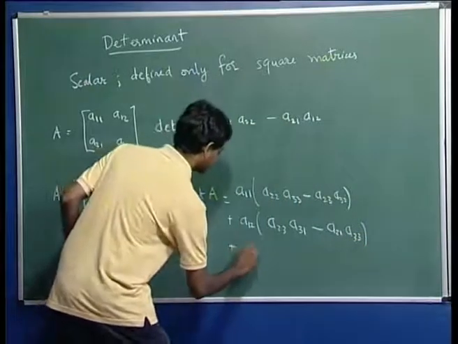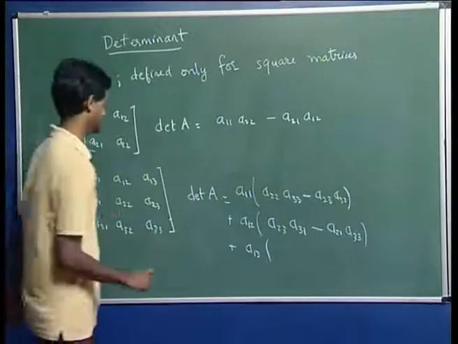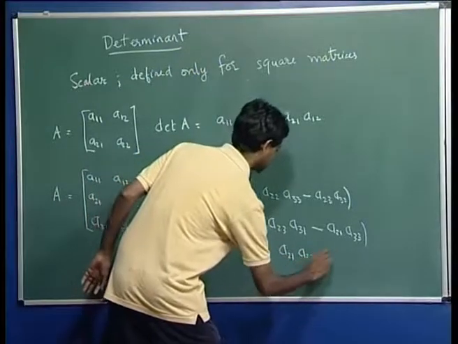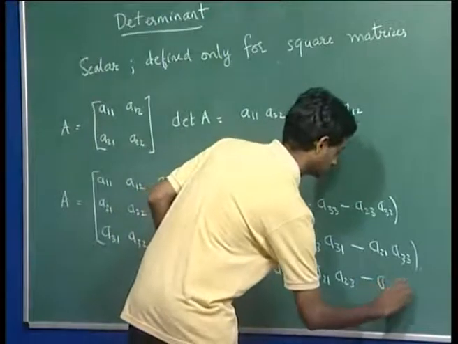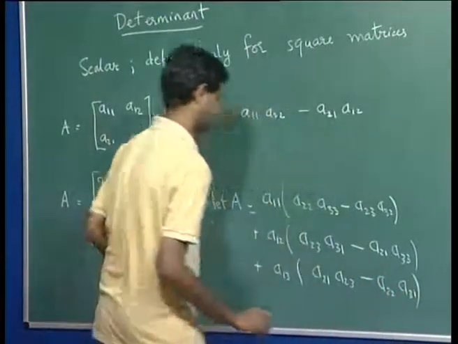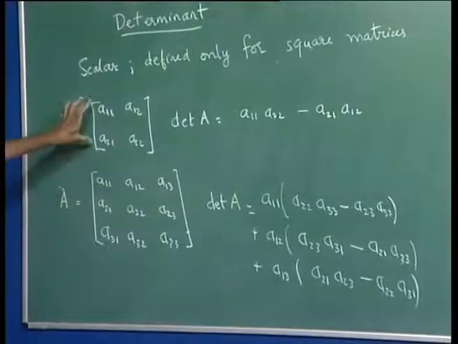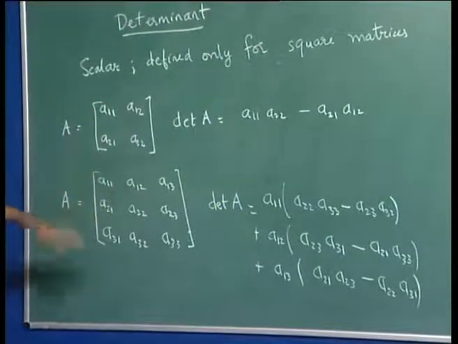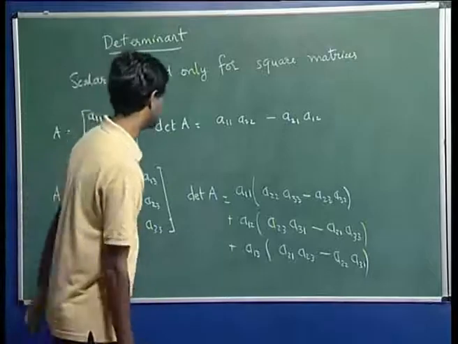And then plus A13 times the determinant of this matrix, that is A21 A32 minus A22 A31. So, the point is, once you have the determinant of a smaller matrix defined, you can calculate the determinant of larger matrices, and you can extend this procedure further.